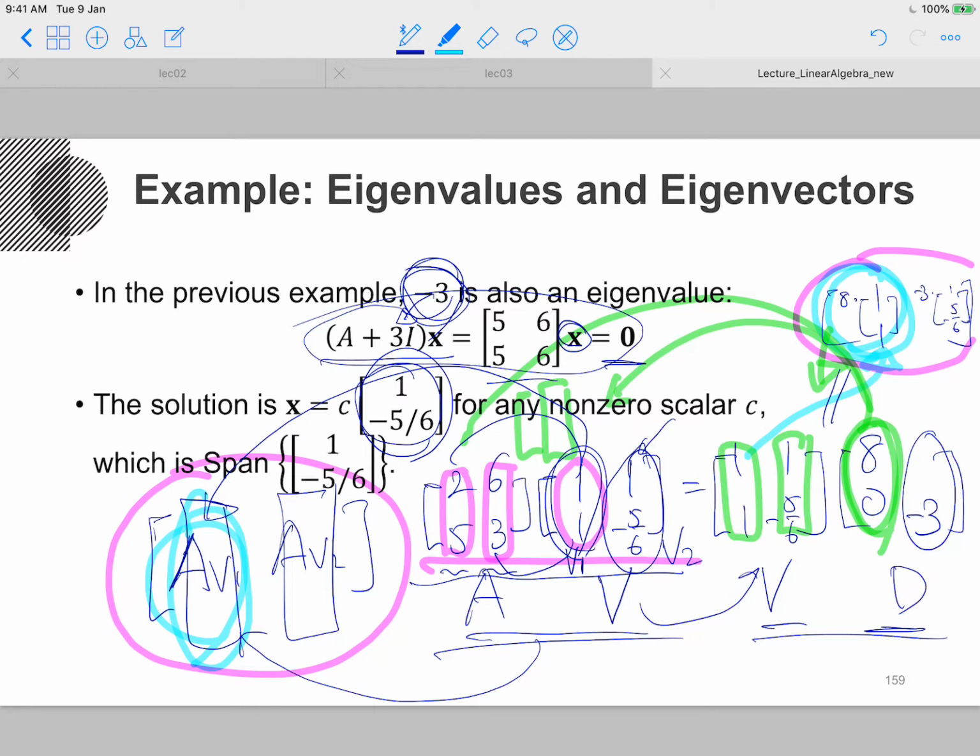And the single equation A times V is equal to V times D is just a single matrix equation form that involves all the pairs of eigenvalues and eigenvectors. Any questions so far?